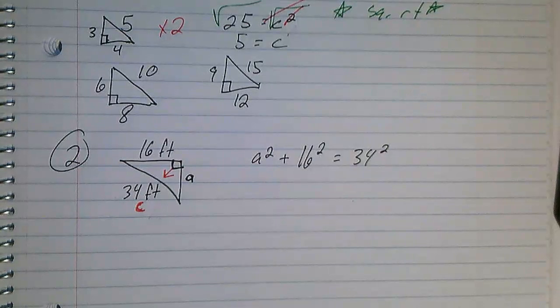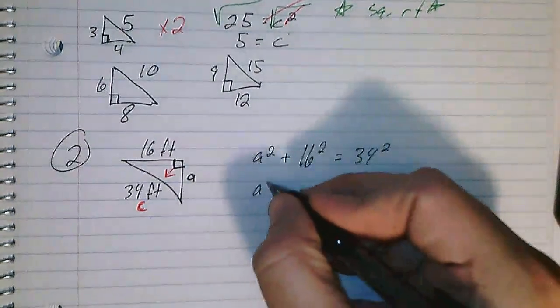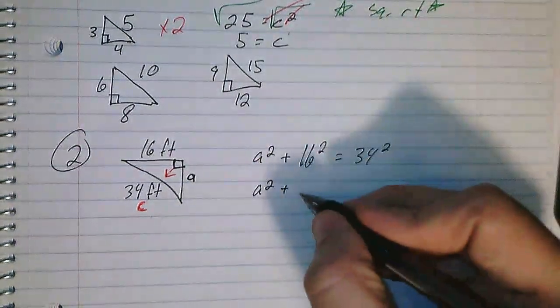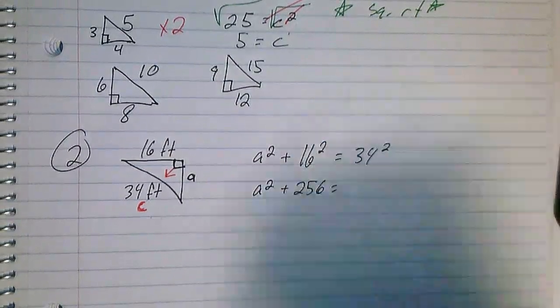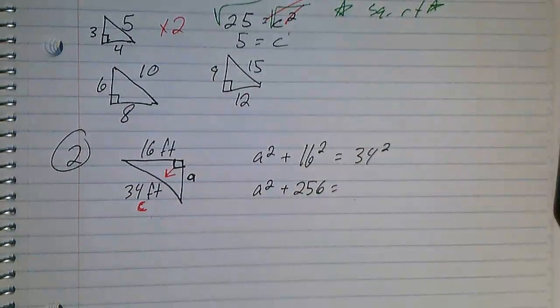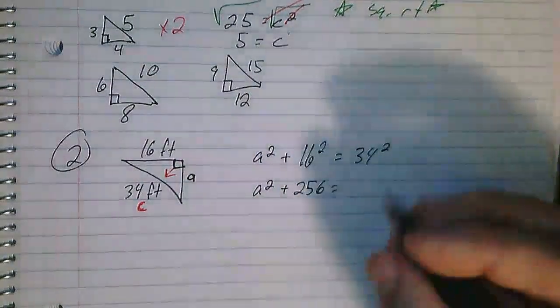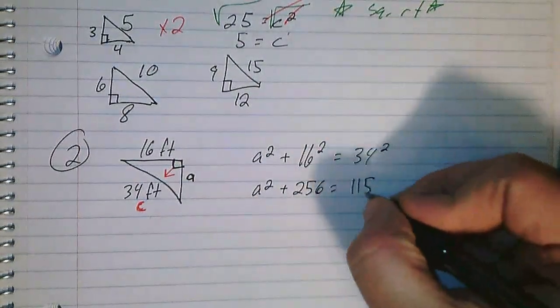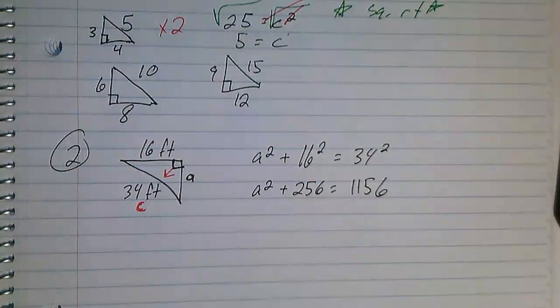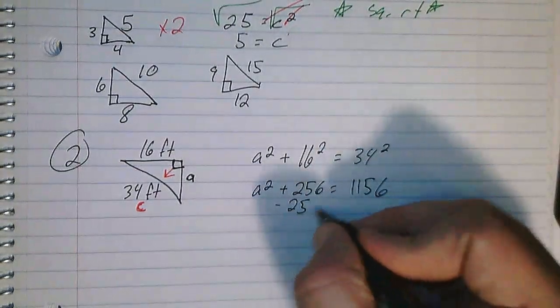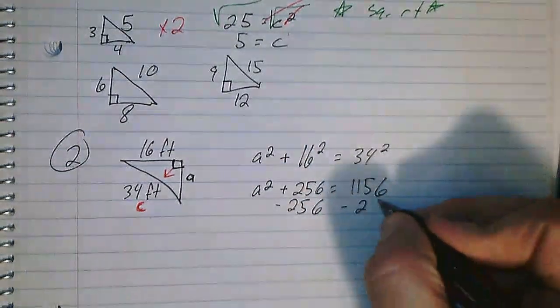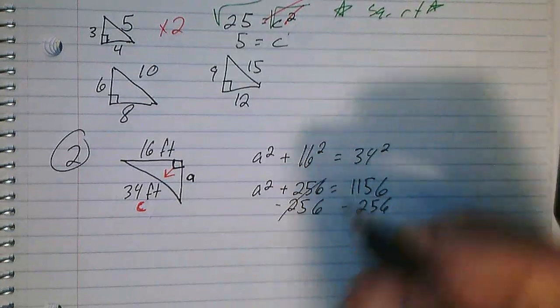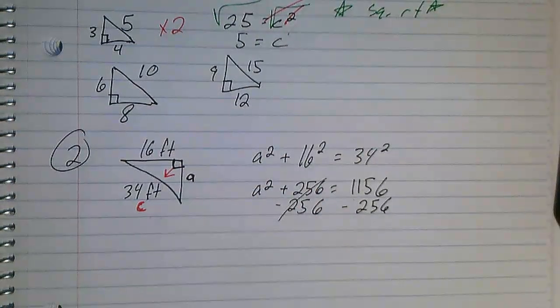There's different ways to do this in the calculator. Most of you would probably clear the exponents first. So 16 squared is 256. 34 squared is 1156. And now we just subtract to get A squared by itself.